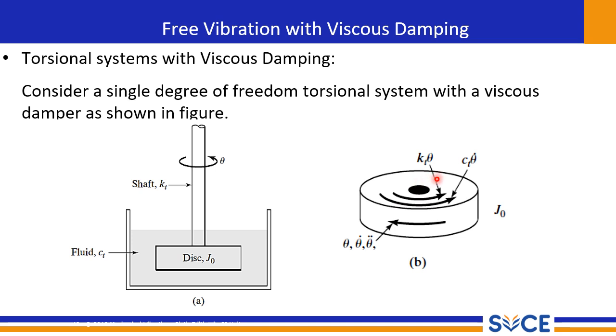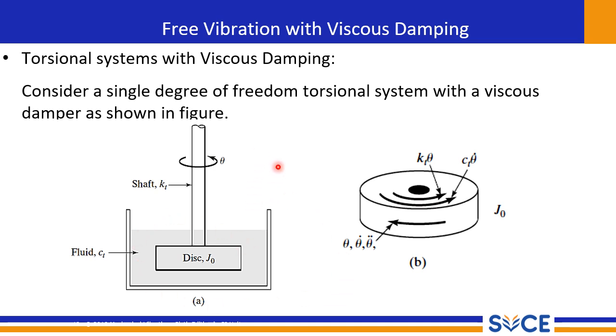So far, we have discussed undamped torsional systems, where we assumed no energy loss due to friction or any other dissipative forces. However, in real-world scenarios, damping is always present. Let's now consider a torsional system with viscous damping.